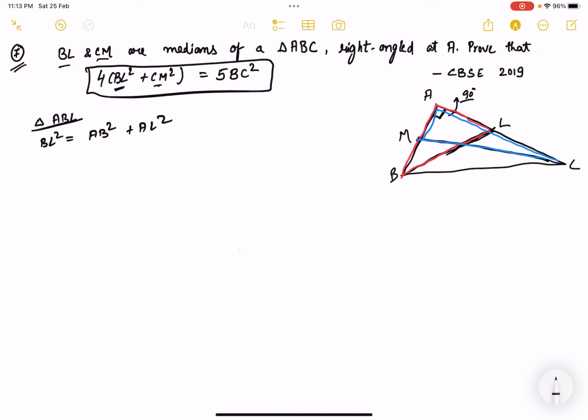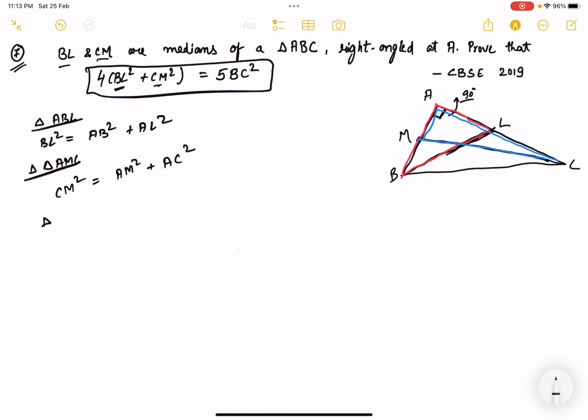Okay, then in triangle, this blue triangle AMC, we have CM square is equal to AM square plus AC square.